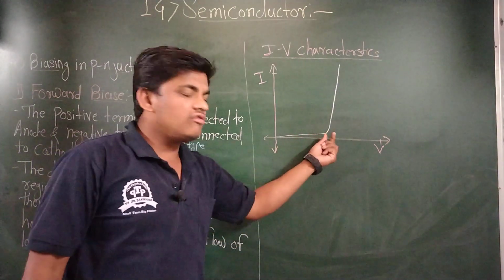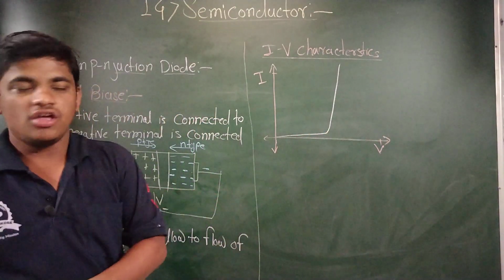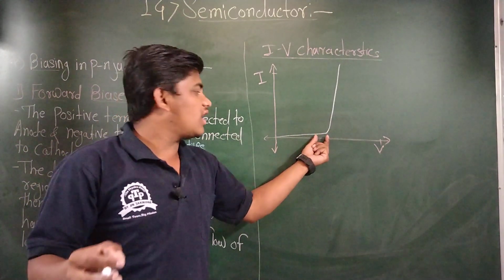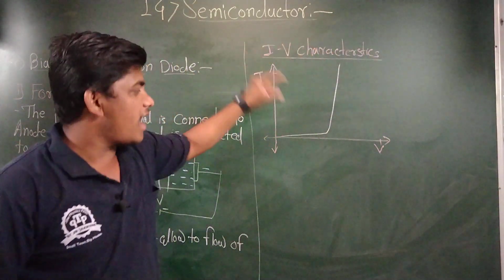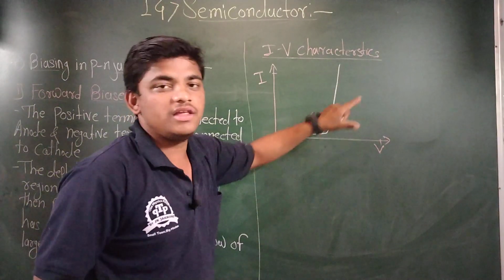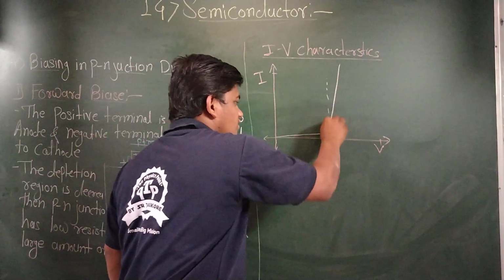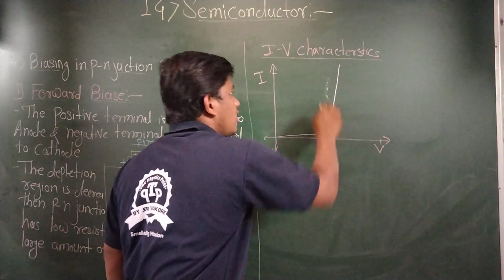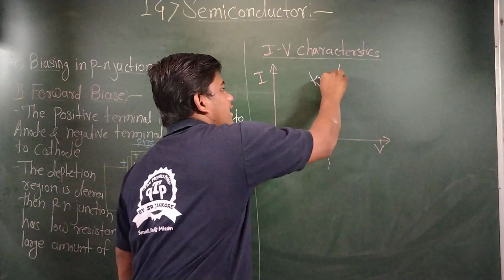Initially the current is very low, then it suddenly increases. The point at which the current is sharply increased is called the knee point.